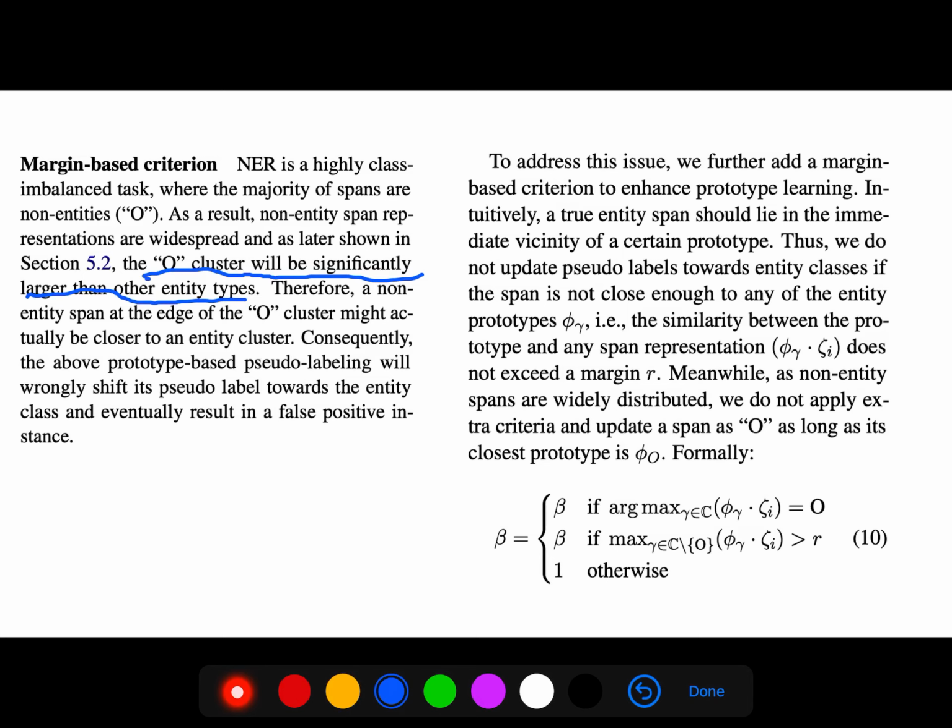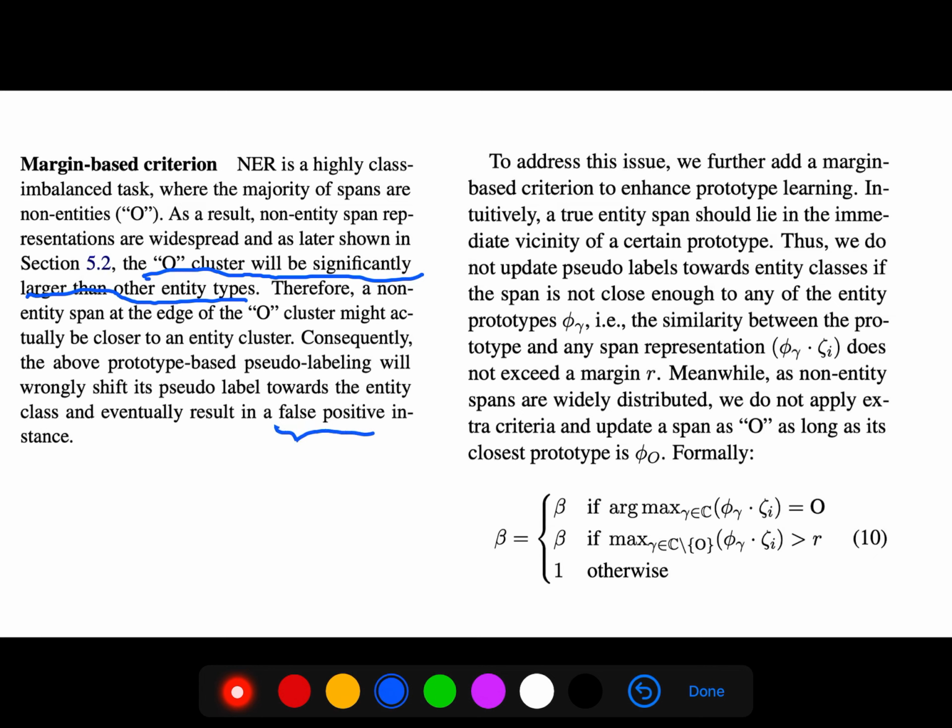Therefore, a non-entity span at the edge of the O cluster might actually be closer to an entity cluster. Consequently, the above prototype-based pseudo-labeling will wrongly shift its pseudo-label towards the entity class and eventually result in a false positive instance. To address this issue, they further add a margin-based criterion to enhance prototype learning.